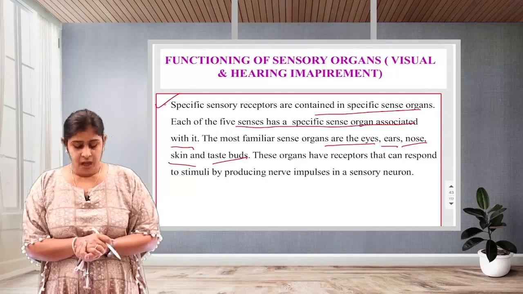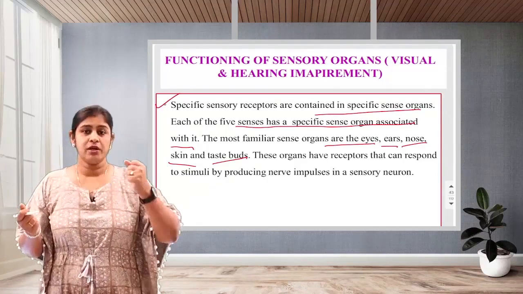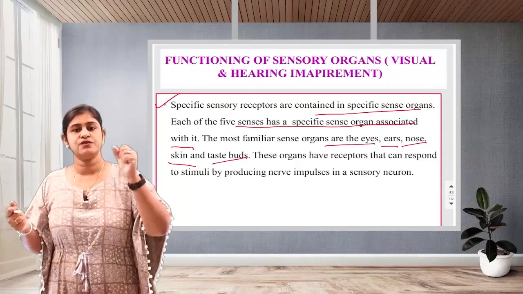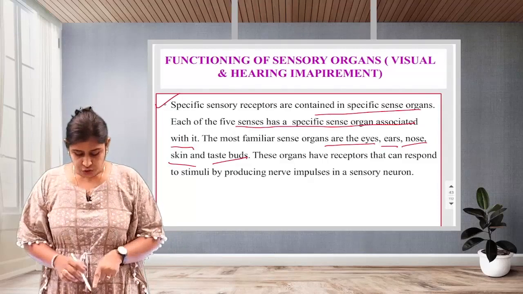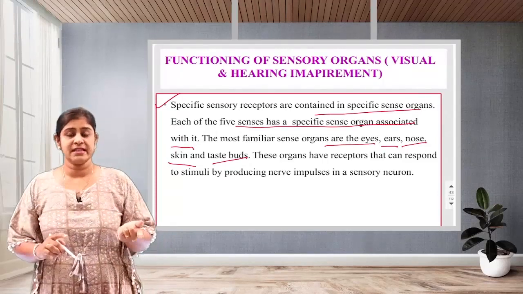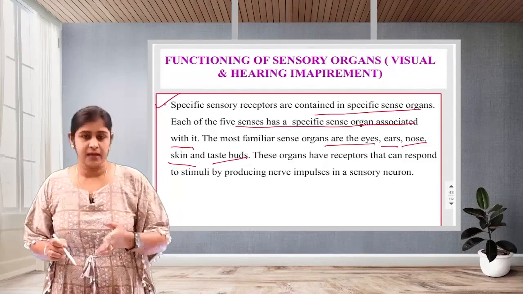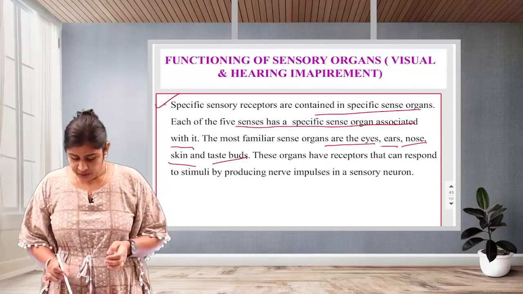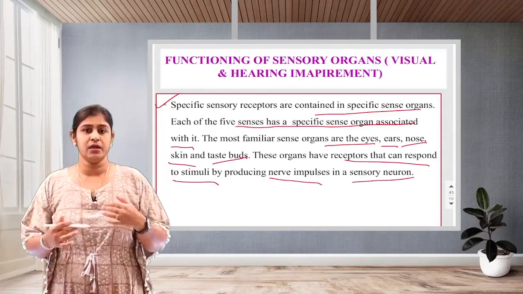So our body has specific sensory receptors, which are associated with specific sense organs. These organs have receptors that can respond to stimuli by producing nerve impulses in a sensory neuron.